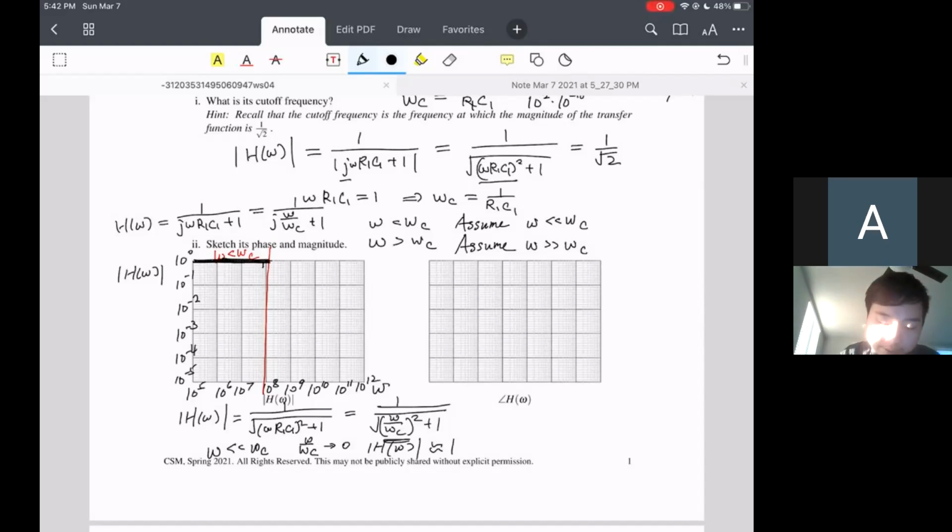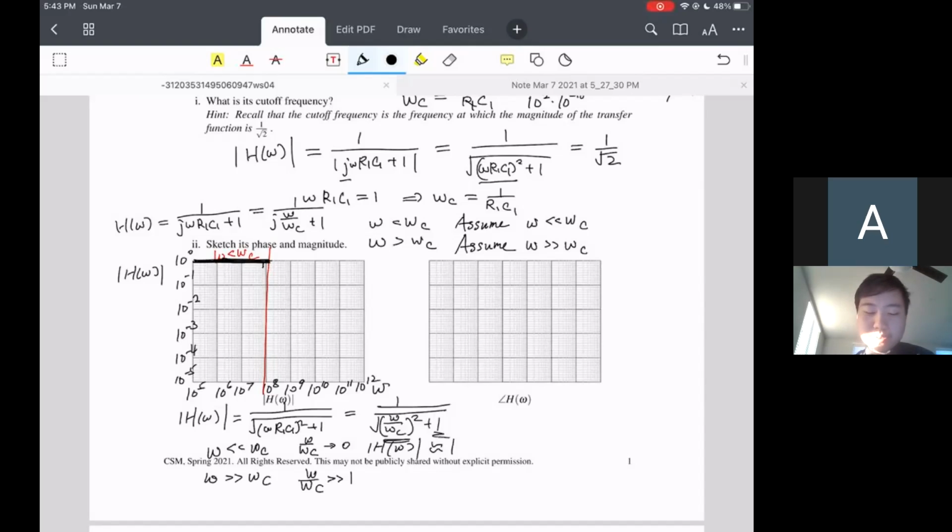Similarly, when omega is way larger than omega c, we know that this omega over omega c is a very large value. We're not going to say it tends to infinity, because then we wouldn't be able to see the tendency of things. But rather, it's going to be way larger than the one term.